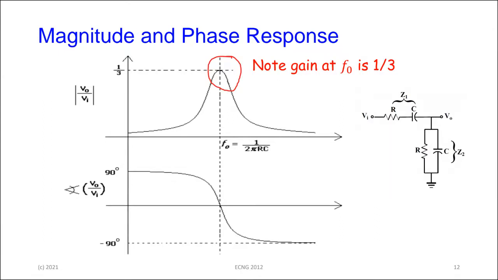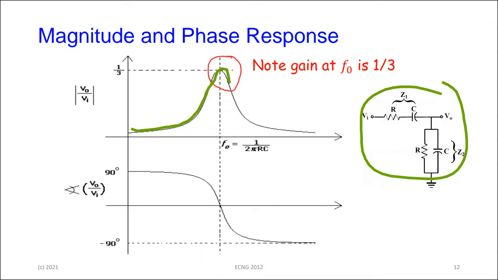As you increase the frequency of the input going through this little network, at first nothing happens. There's a slow increase, and then right at omega 0, you get a peak. The gain at that point is 1/3, and then it dies off again to nothing.